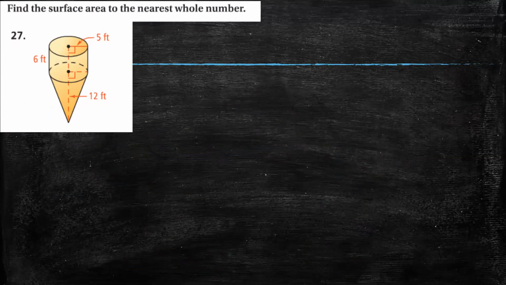Okay, now who can tell me? Habiba, can you tell me how can I find the surface area? If you look at this shape here, imagine that you have a cone and up you have a cylinder. What did you see?